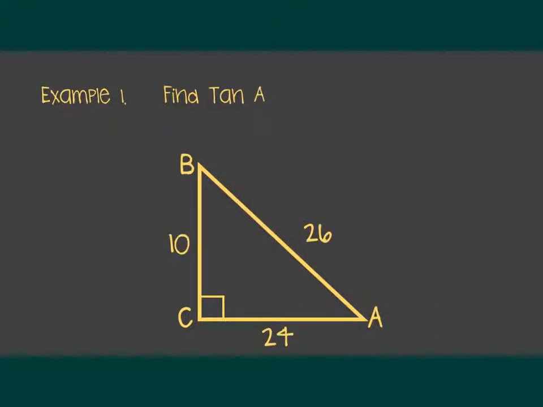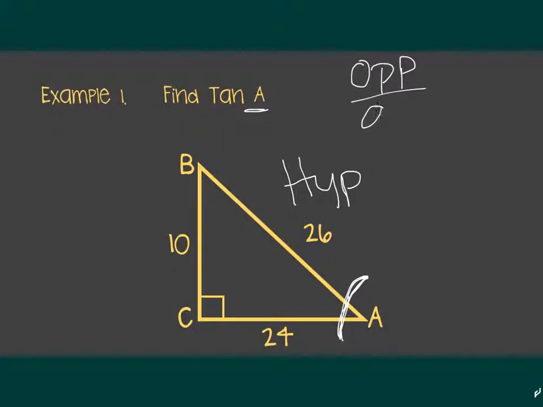In our example, looking at tangent A, we have hypotenuse. We're working with angle A. And tangent is opposite over adjacent. So I'm going to label my other sides. Adjacent. Opposite. Circle the sides I'm using.